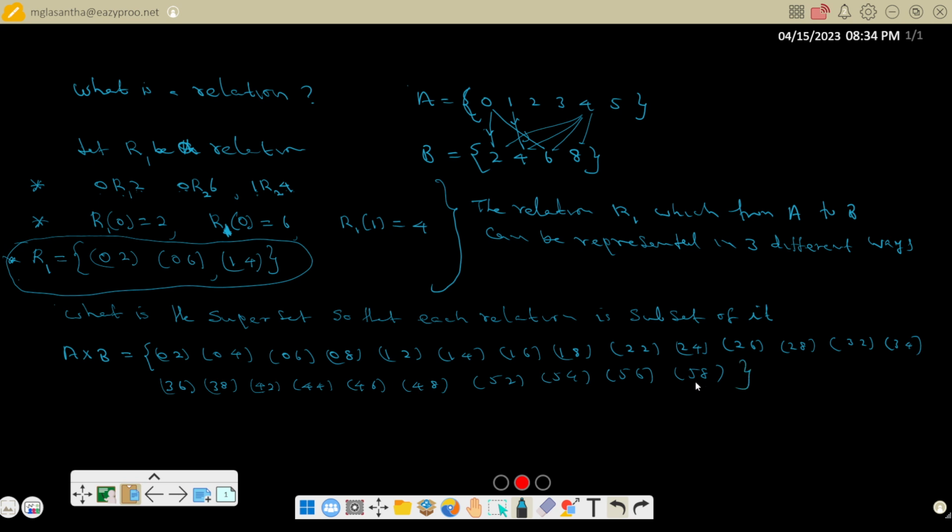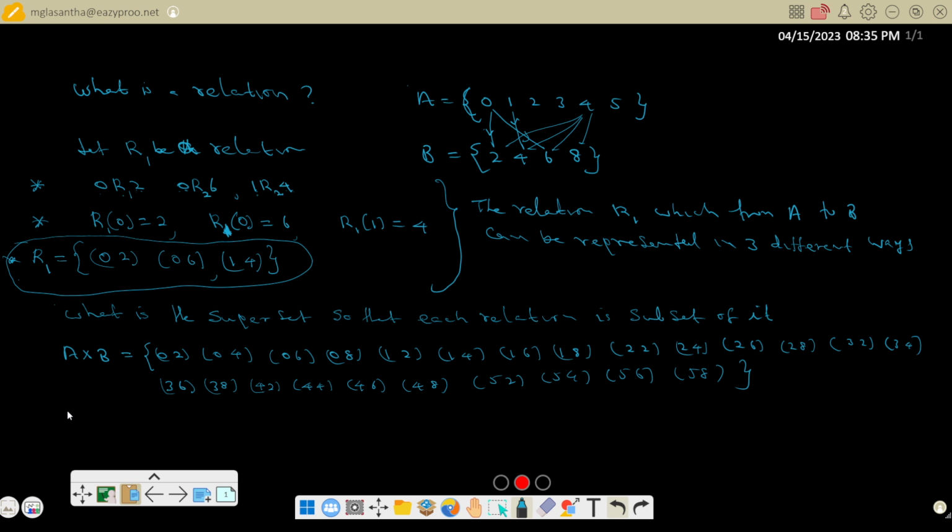So if you write any relation, each relation is a subset of A cross B. Therefore A cross B is the superset of all those relations.